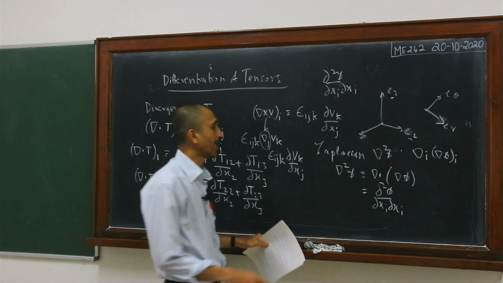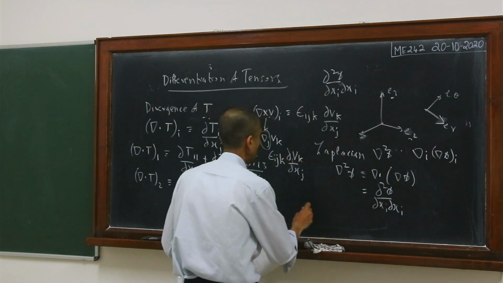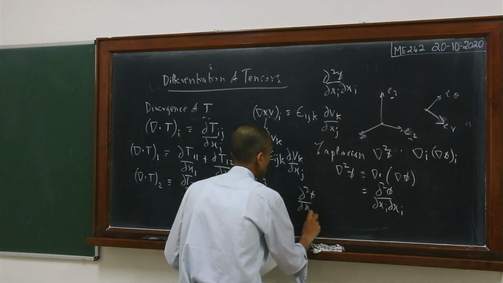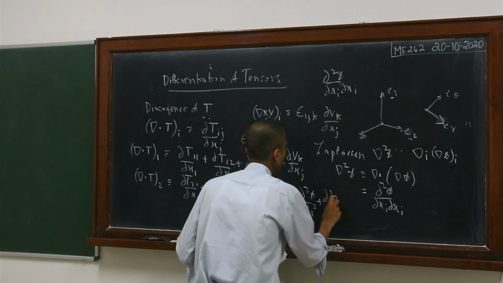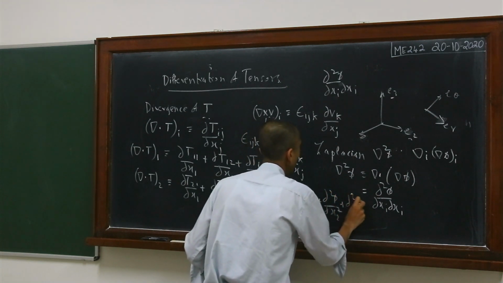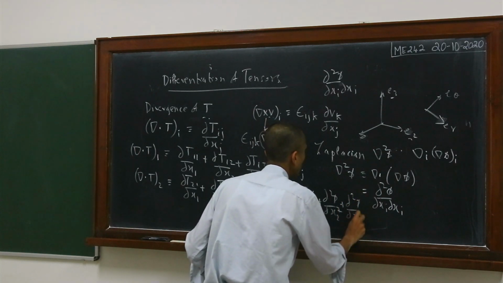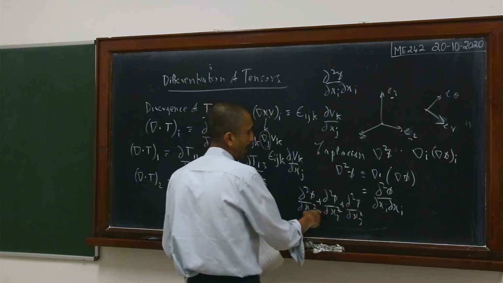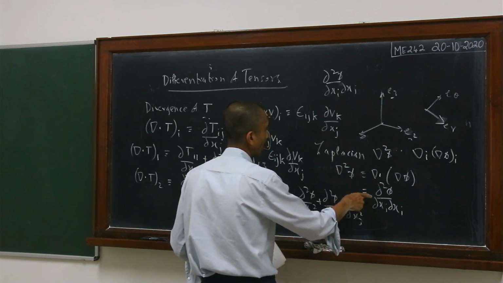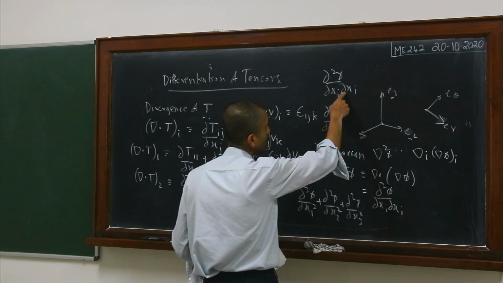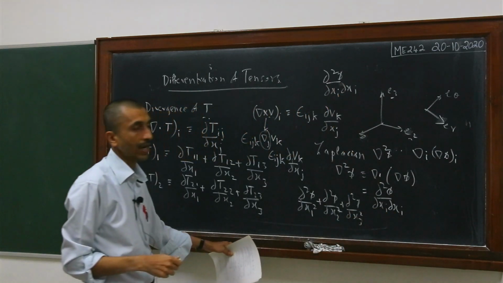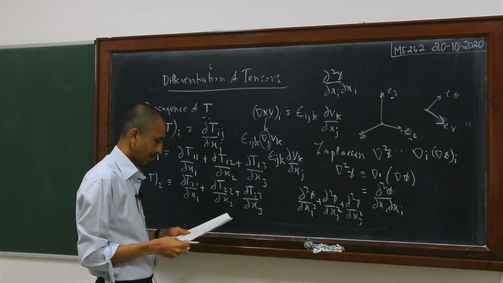Basically, if I write this in a Cartesian coordinate system, then that is del square phi by del x1 square plus del square phi by del x2 square plus del square phi by del x3 square. Here I can write it as x1 square, x2 square, etc., but not when you are writing it in indicial notation. Because it's a dummy index, you have to write it in a proper way here.